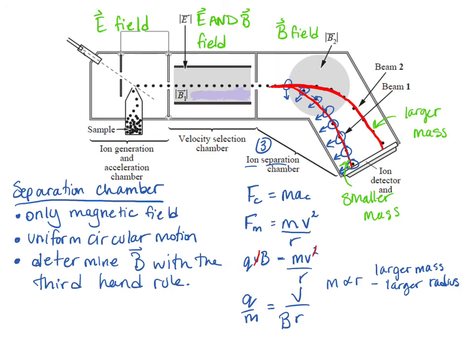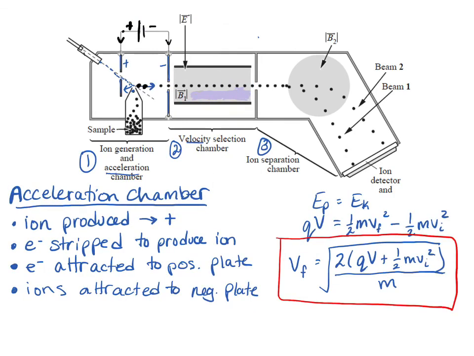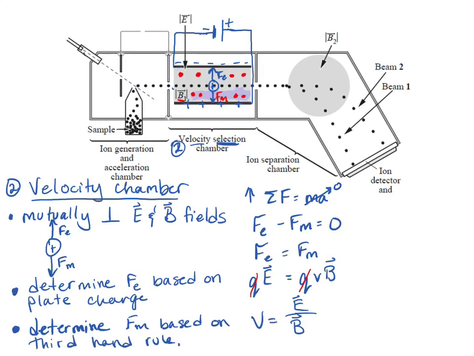So that is how a mass spectrometer works, and that's how to do all the math with it. So again, there's my first chamber, which just accelerates it due to one electric field. And then we have my second chamber that's just going to select ions that are going certain velocities, that have a certain charge and a certain mass.